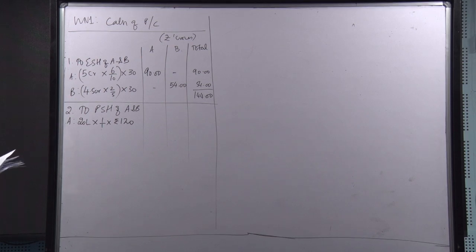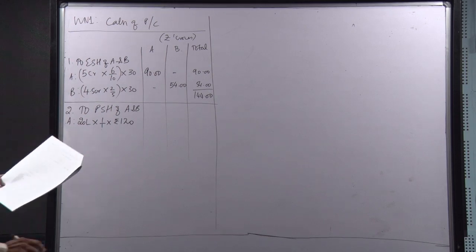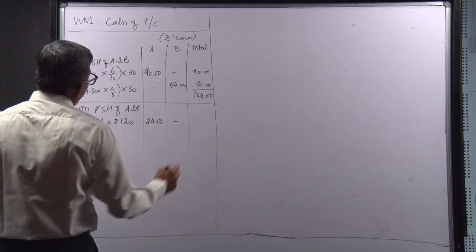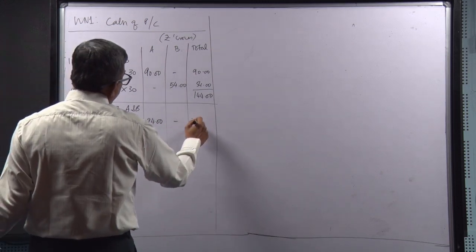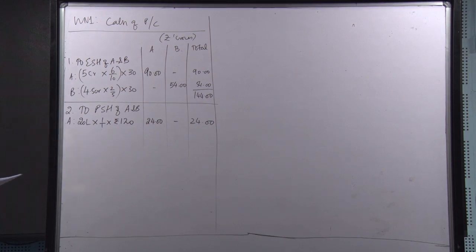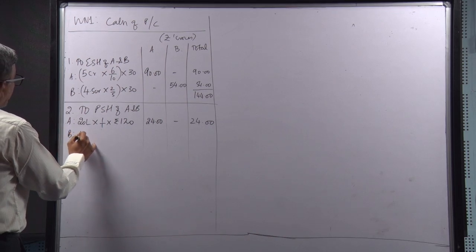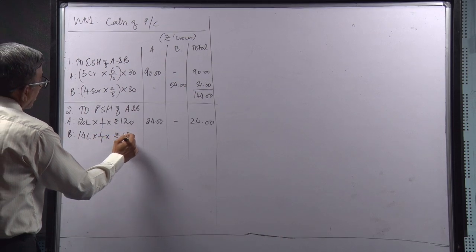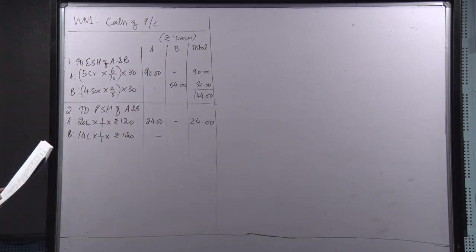So 20 into 120. That will be 24 crores. 24 crores is the value for which preference shares will be issued to shareholders of A Limited. In case of B Limited, there are 14 lakh shares. You will get 1 for 1 at the rate of 120. Here also 120. So 14 into 120.